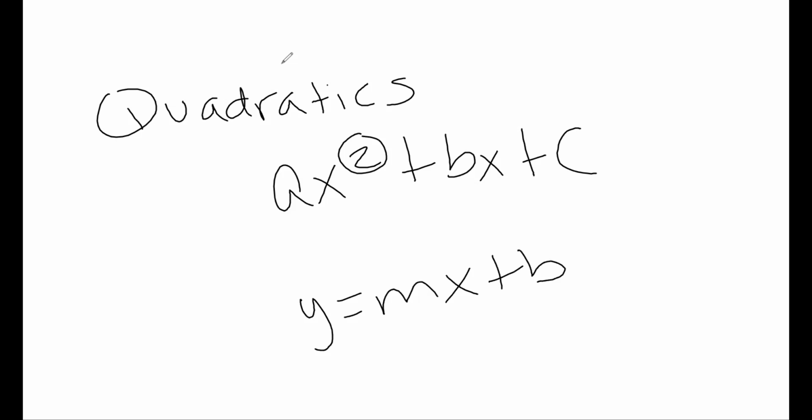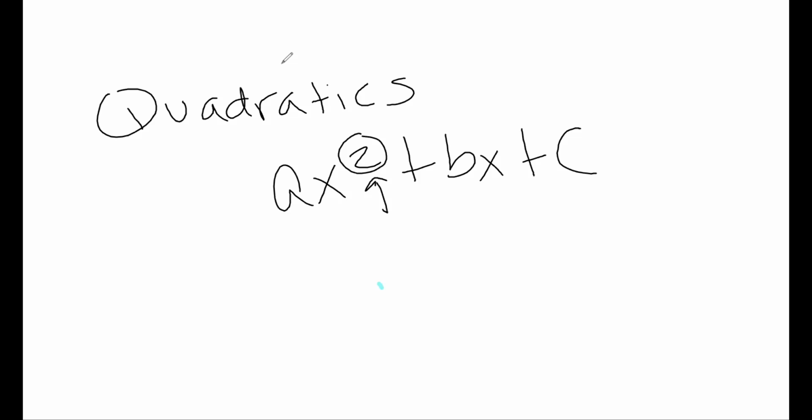There was no squared anywhere, only when we do the quadratics. So that is your first clue when you're trying to identify what kind of equation it is. That's what they're trying to get you to learn: if you see mx plus b format, it's linear. If you see the x squared format, that's going to be a quadratic.